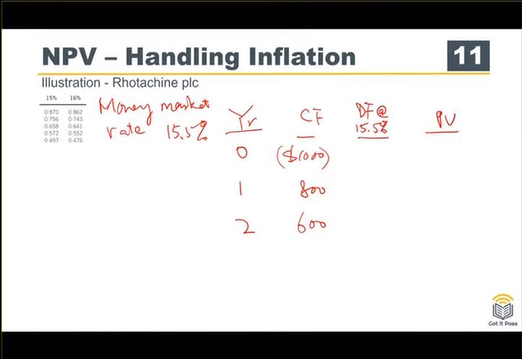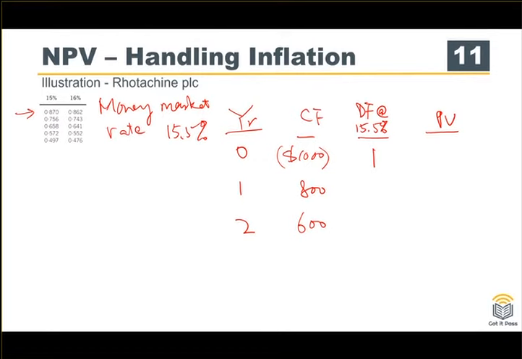And in the examination hall, you are given the discount factor table. How can you get a 15.5% discount rate? My methodology is simple. Just take the simple average between 15 and 16%. For example, in the first year, 15% is 0.870 and 16% is 0.862.